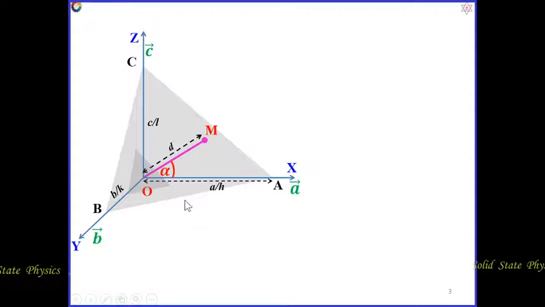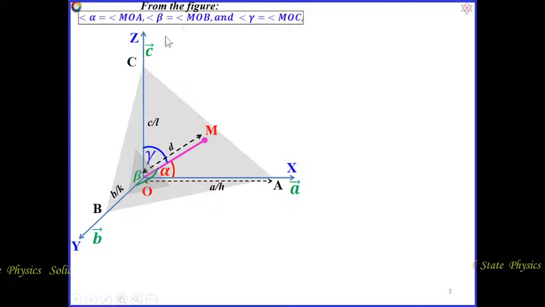Now from the figure, this angle is alpha, the angle between the normal and the y axis is beta, and the angle with the z axis is gamma. So alpha is angle MOA, beta is angle MOB, and gamma is angle MOC.